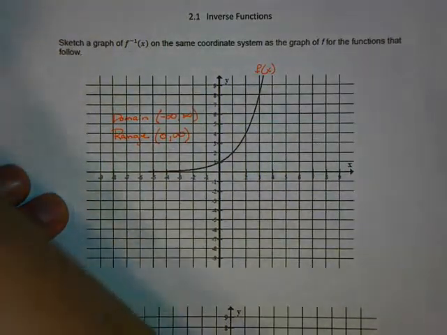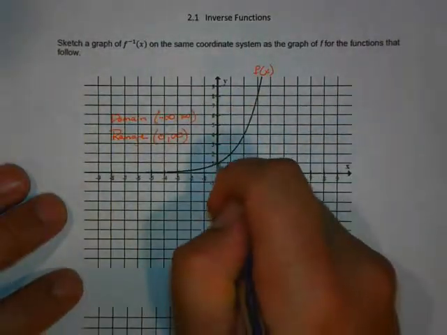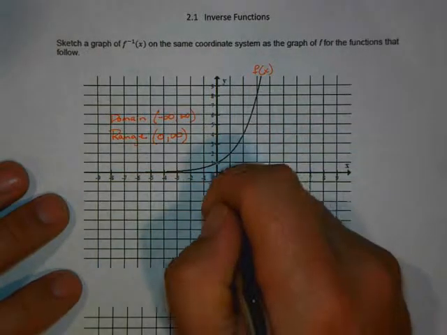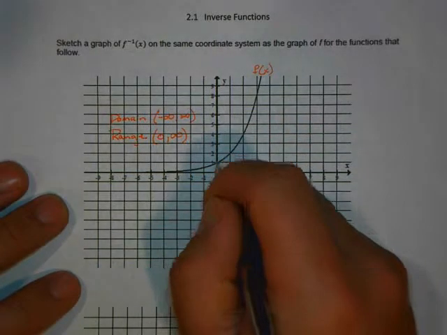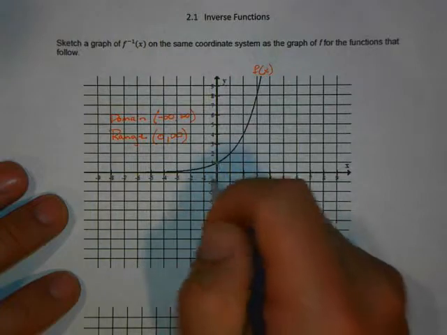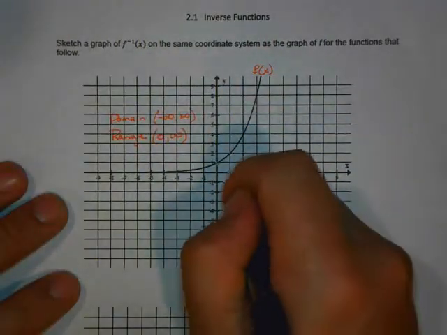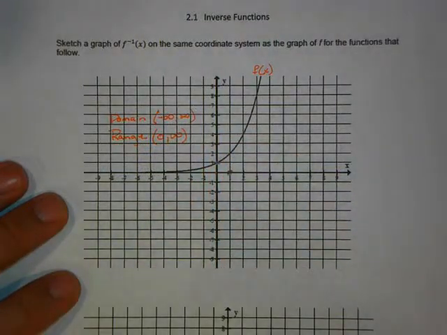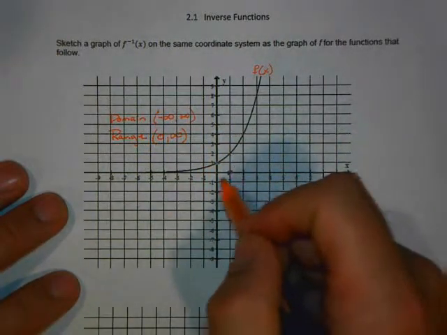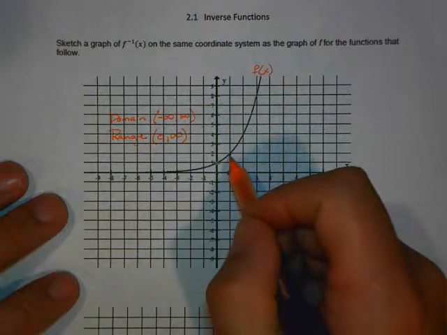As I look at some of these points, I notice this point right here is (0, 1). So I'm going to reverse that order. Instead of (0, 1), it's going to be (1, 0). Here's another nice point, which is (1, 2).